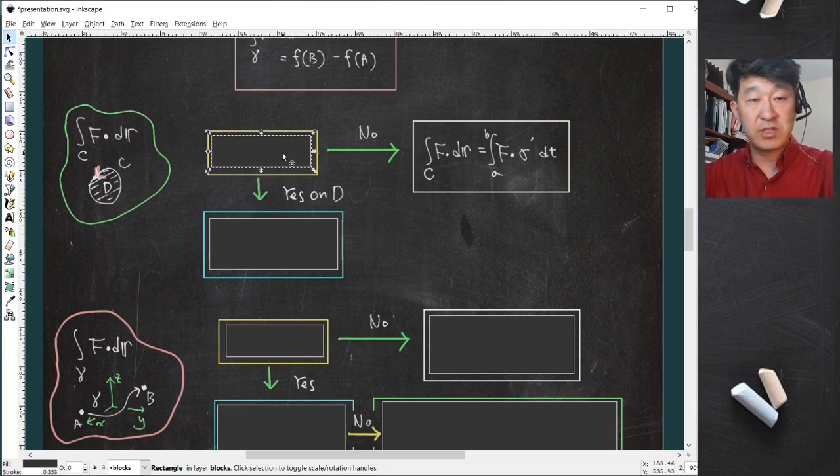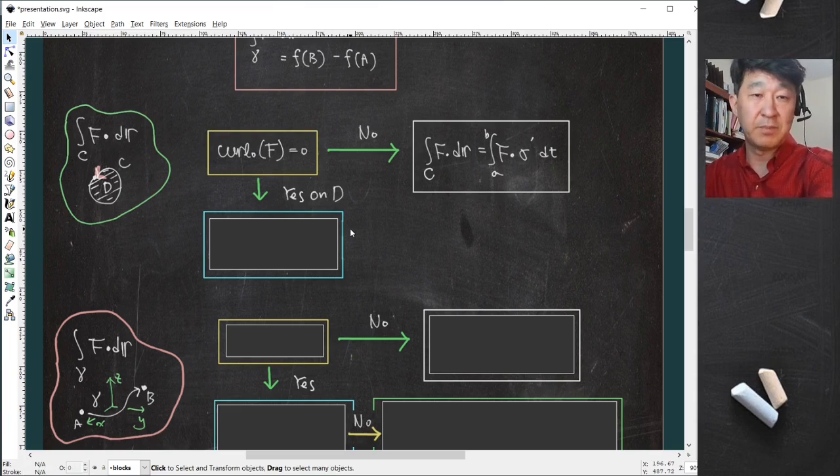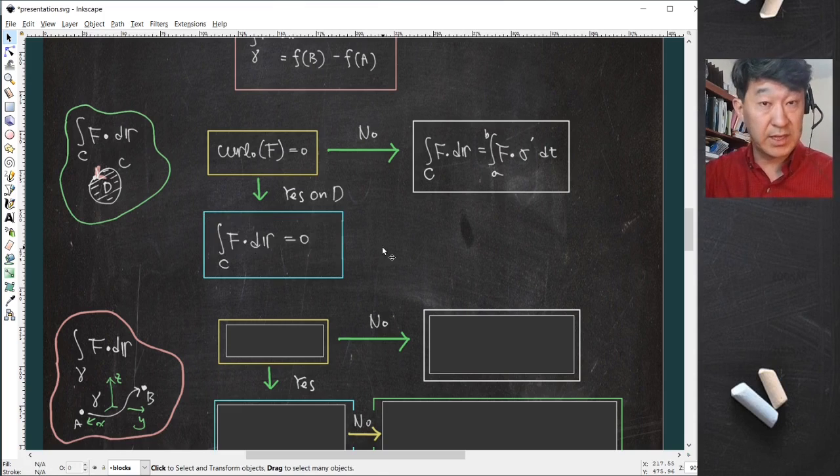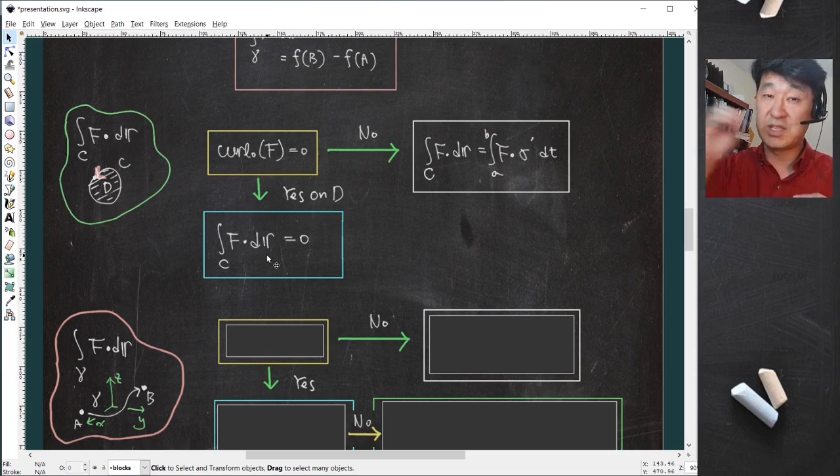But again, the question we have to ask, which opens up a different possibility of calculation, is this curl. Is the scalar curl of this two-dimensional vector field 0? And if it is, especially on this entire interior region, then the answer happens to be simple. The answer is 0, because of Green's theorem.